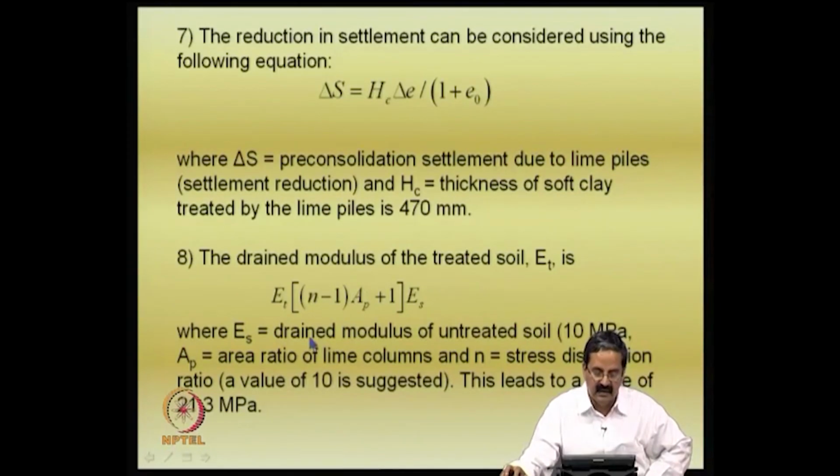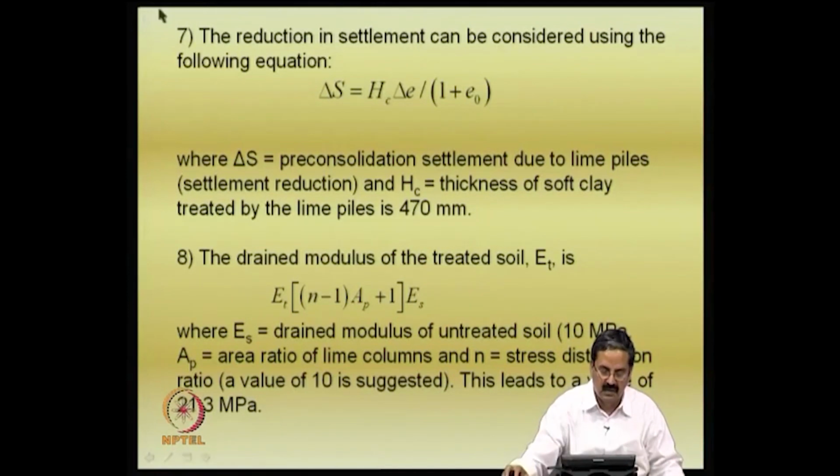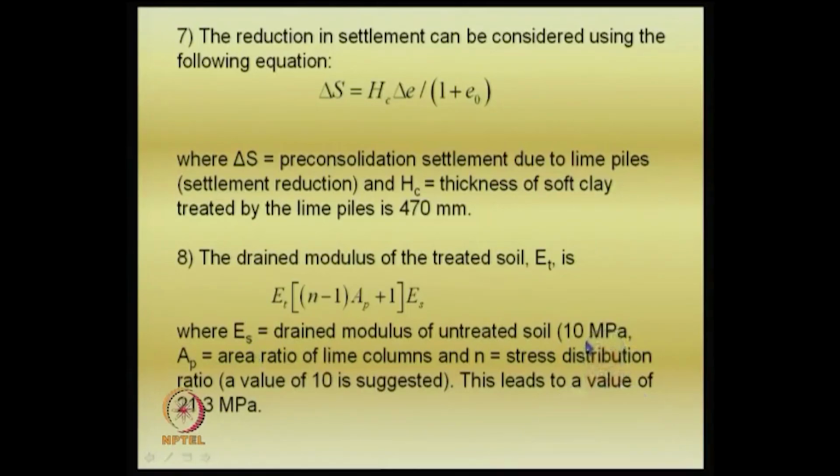Then there is another addition here. So, what it means is that you have to calculate the drained modulus of the treated soil also, like ES is the drained modulus of untreated soil. Actually, untreated soil is quite poor, I say it is about 10 MPa, and all these area ratios are there.